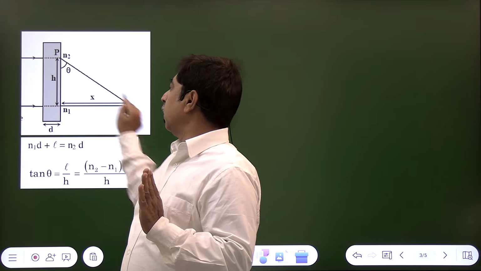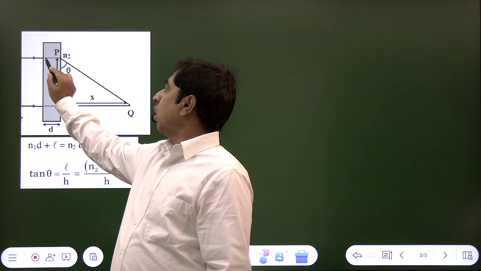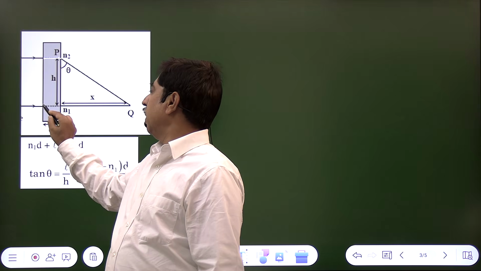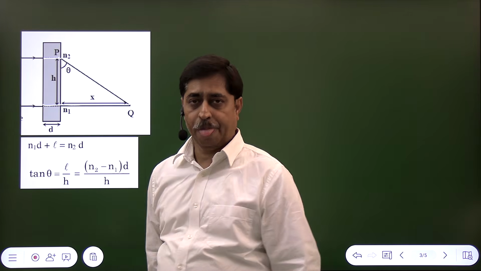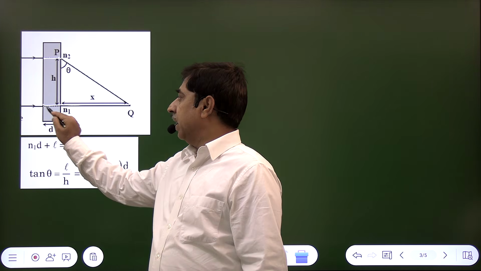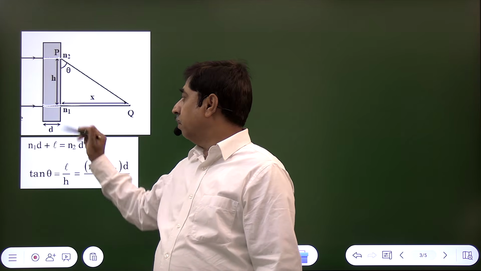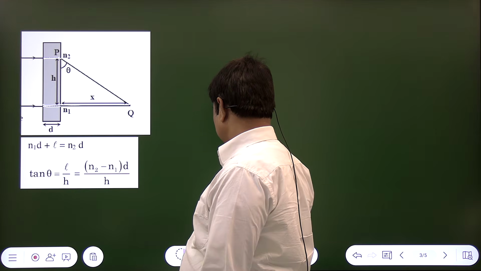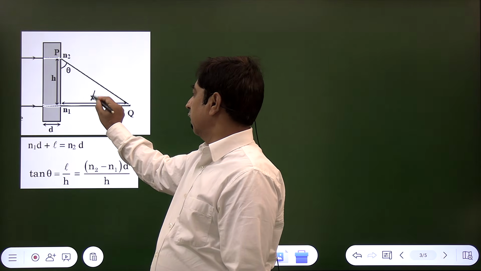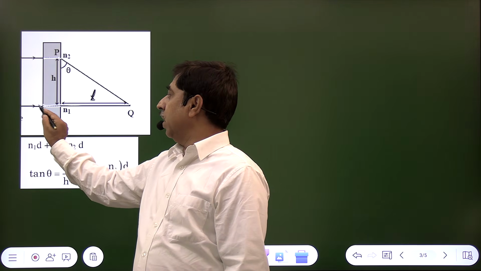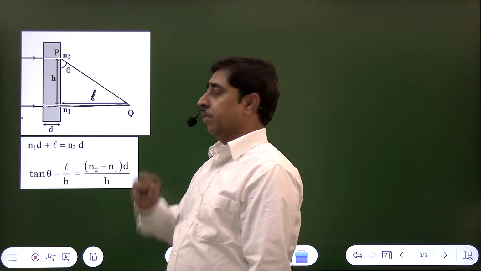And if PQ is a wavefront, then this optical path length should be equal to this optical path length. Optical path length here is N1 refractive index into D plus this length L. So L plus N1D is optical path length from here to here.